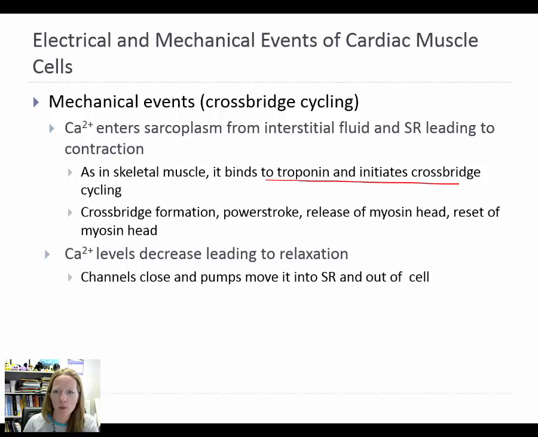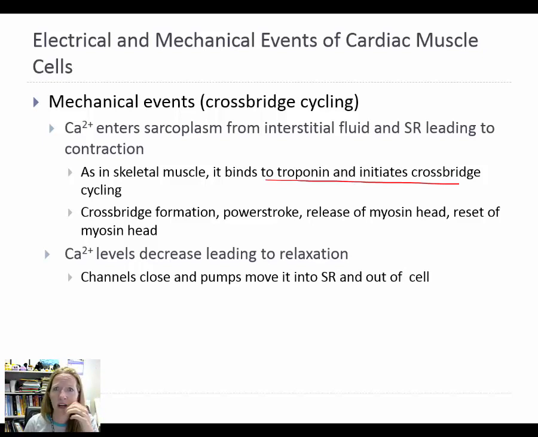Remember, it's going to help get that actin and that myosin together, and then you have the power stroke, and then the myosin head releases and resets. So it goes in and it binds, power stroke, release, cocks back to its original position, and then it does that over and over again. It is going to be that typical cross-bridge cycling that occurs.